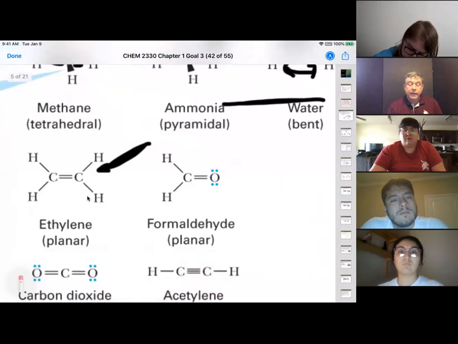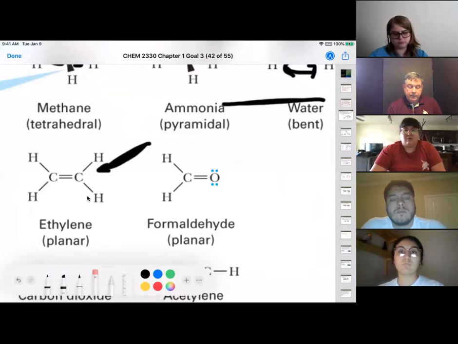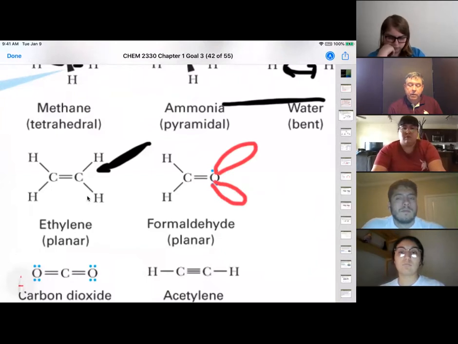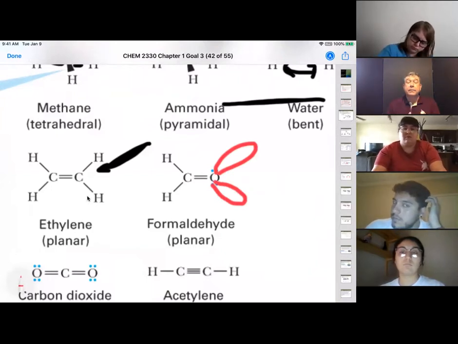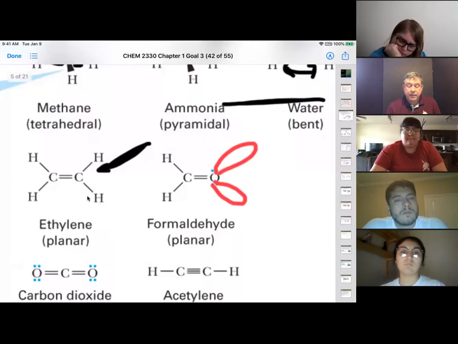But electronically, it is trigonal planar because these lone pairs are sticking out like this. These lone pairs are all in the same plane. It still forms a planar molecule. The electronic side and the molecular side are both the same shape. Okay, so we typically think of that in the sp2 hybridized molecules.